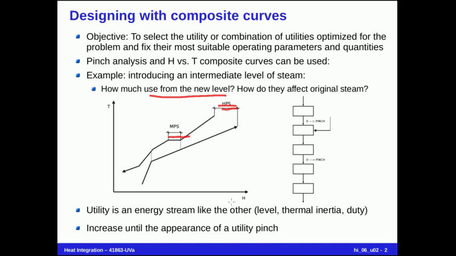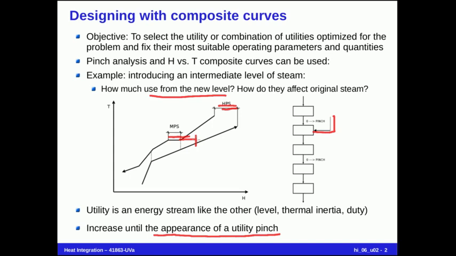And we can even go to the appearance of a utility pinch, the use of the maximum utility at this level in such a way that the hot stream arrives at the minimum approach temperature. This is the maximum amount of medium pressure steam we can use.